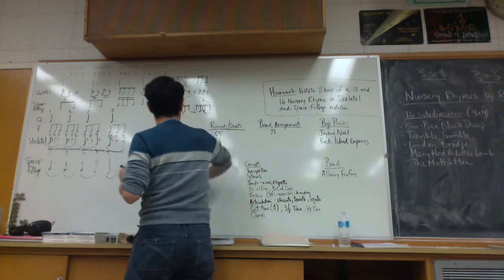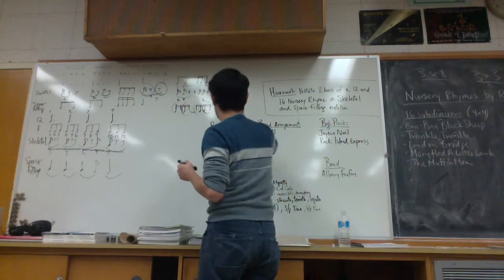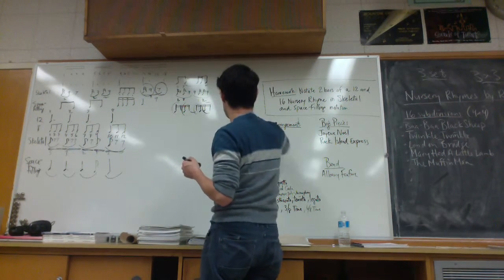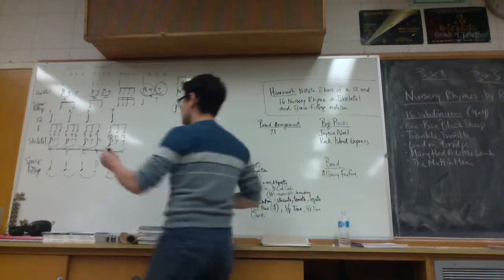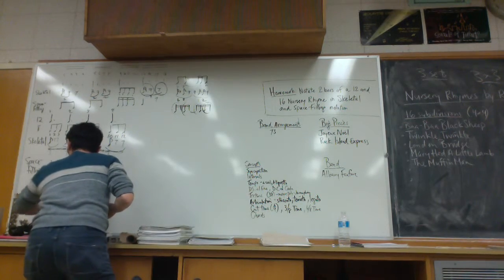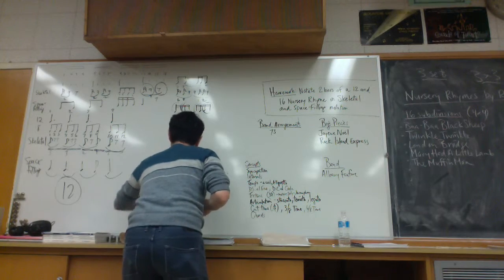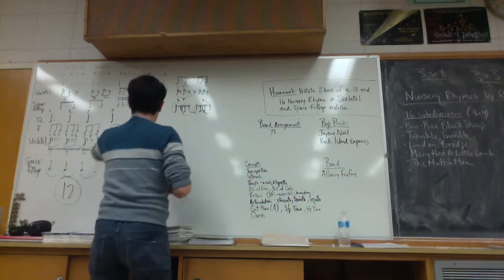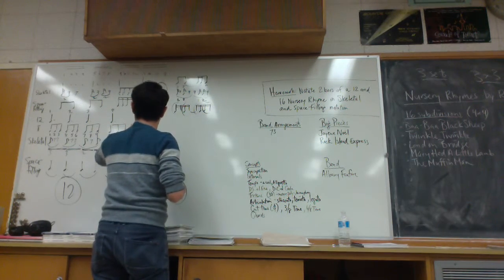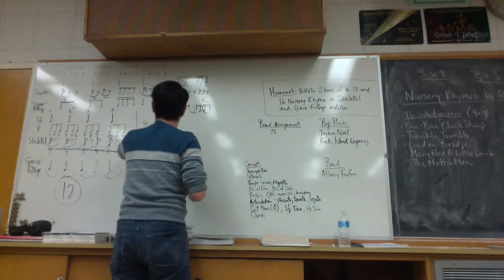So this one is going to look a little bit awkward because we're going to be using a whole lot of the subdivision, which is 16th notes. So this is 12. Let's do 16. And so the beat is quarter notes.